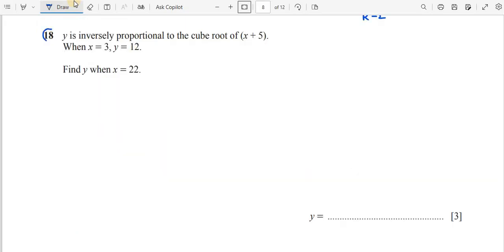Question number 18. Y is inversely proportional to the cube root of x plus 5.